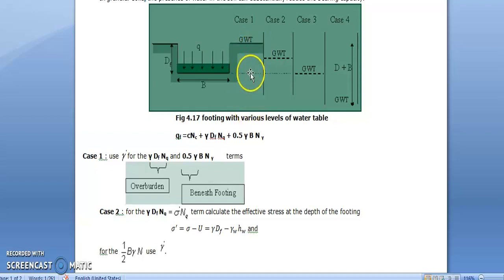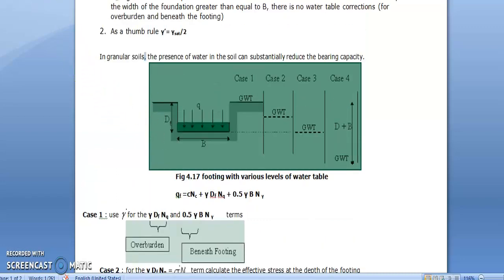So in case 1, in the second and third terms of this equation, you directly replace the bulk unit weight by the submerged unit weight. So use gamma dash for gamma in gamma dF Nq and 0.5 gamma B N gamma.